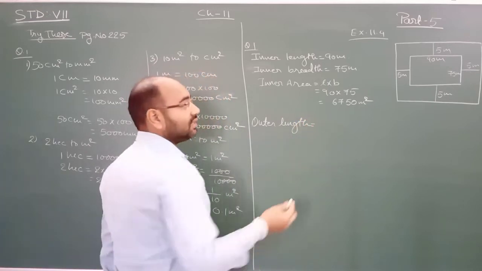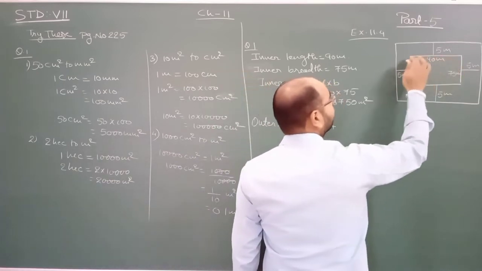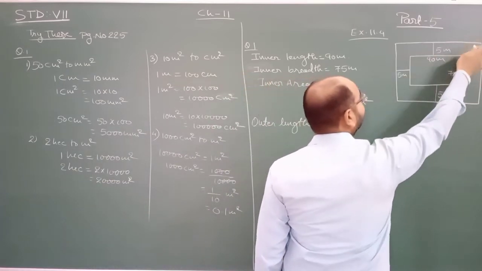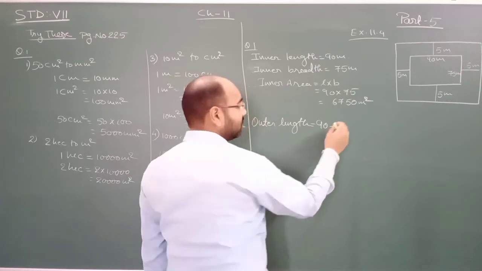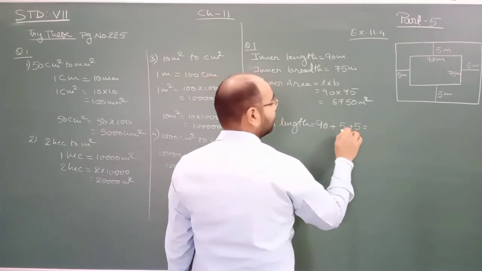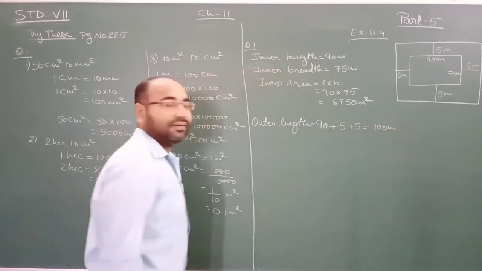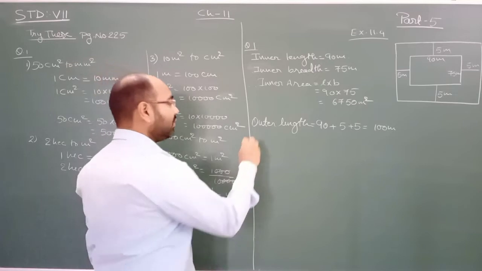So हम जब आउटर लेंथ फाइंड आउट कैसे कर सकते हैं? जो पहले दिया है 90, अब उसमें दोनों साइड से 5 मीटर का रोड भी अटैच होगा, so what will we write, 5 + 5, so 90 + 10 it comes as 100 मीटर, वो उसकी लेंथ हो गई.